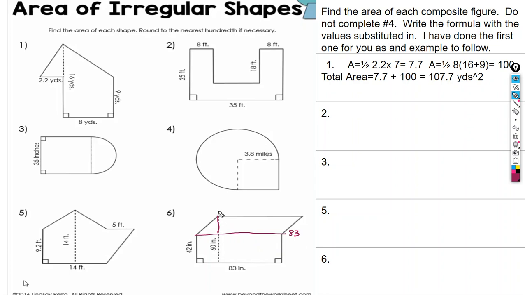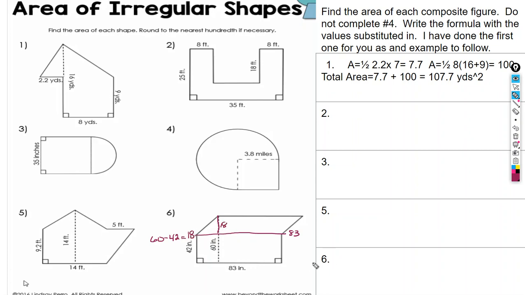And I need to find this difference. The difference between 60, which is the whole height, and this part down here that I'm not going to be using to find the area of my parallelogram up here. And that is 60 minus 42, which is 18. So I have a height of 18.